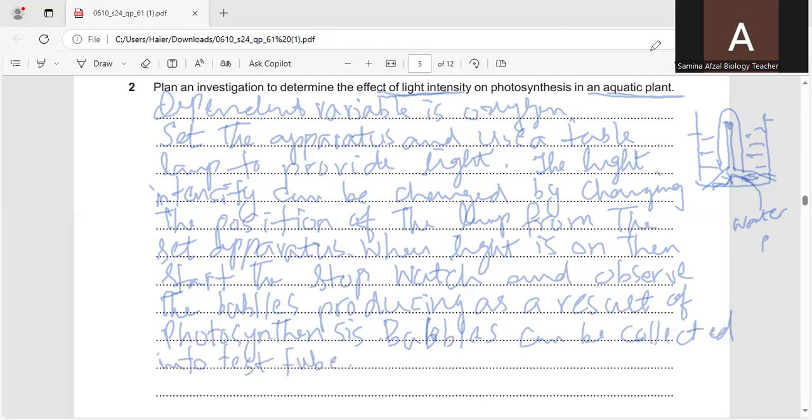And these are the bubbles of oxygen. And in this way, this experiment can be repeated with the other light intensity.